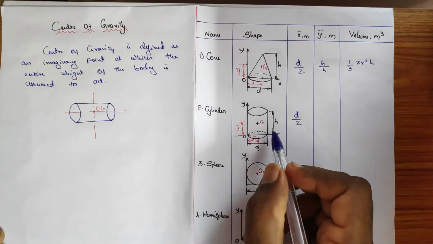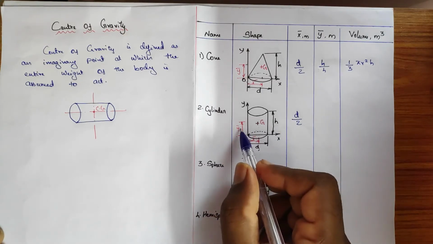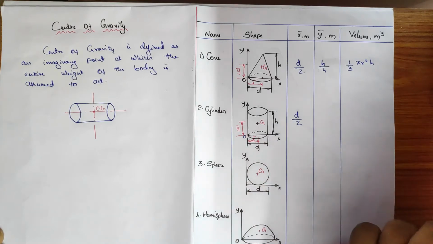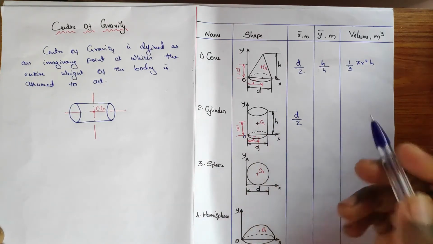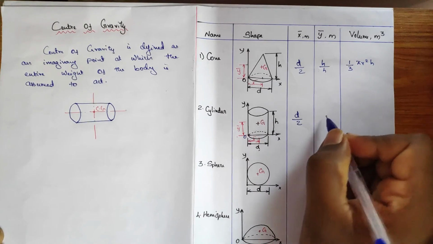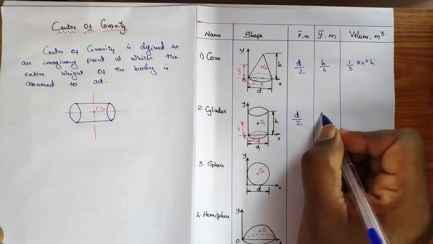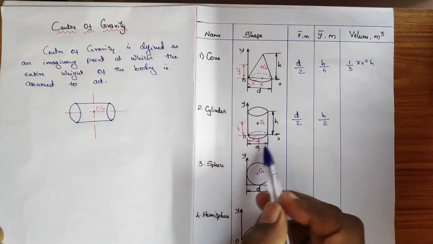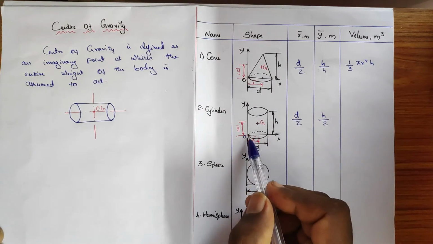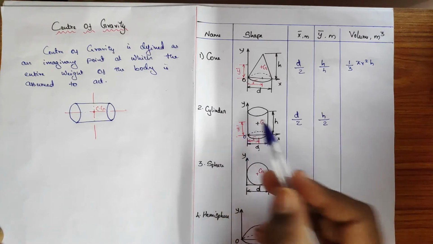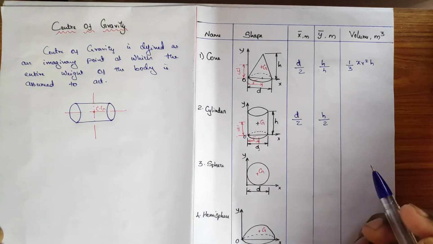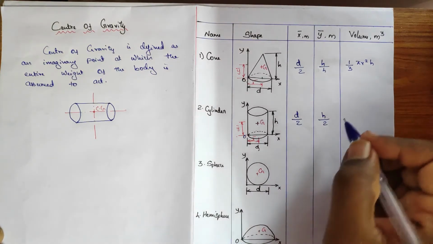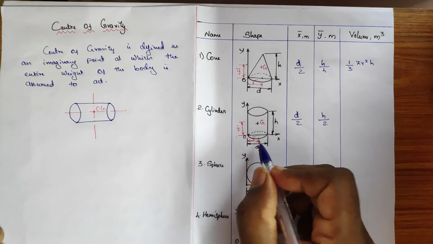And when you come to the y direction, in order to plot the y bar distance, which is pretty easy, it is h divided by 2, the entire height divided by 2, okay. Here the bottom base D divided by 2 for the cylinder, and the height of the object is h divided by 2, okay. And the cylinder volume is pretty easy.